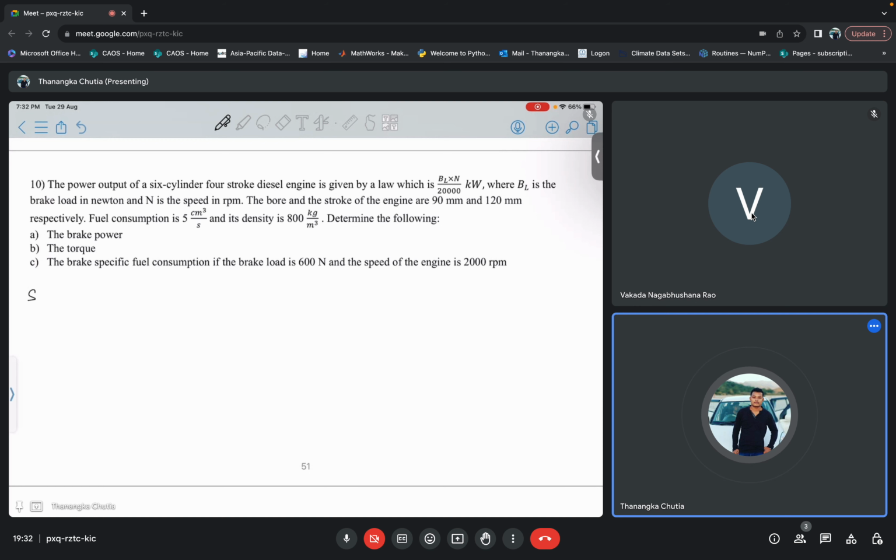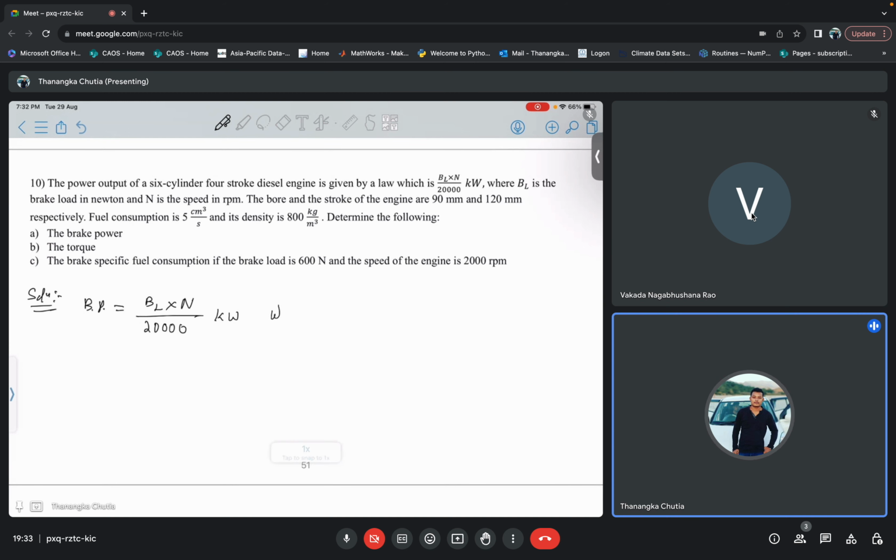Okay, so first of all, let us see what is given to us. You have been given a brake power formula, BL into N divided by 20,000, and this will be in kilowatt you will get. Where BL is nothing but brake load in Newton, and N is your speed in rpm.